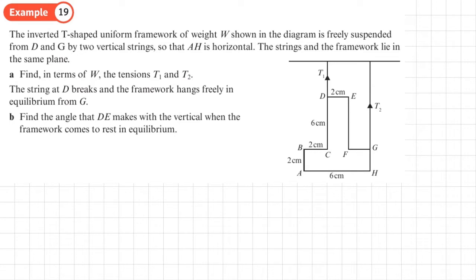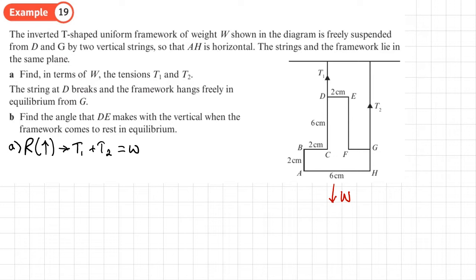So we'll just add in that the weight is going vertically down. So the first equation that we can write down, if we resolve vertically like this, is that T1 plus T2 is equal to W.